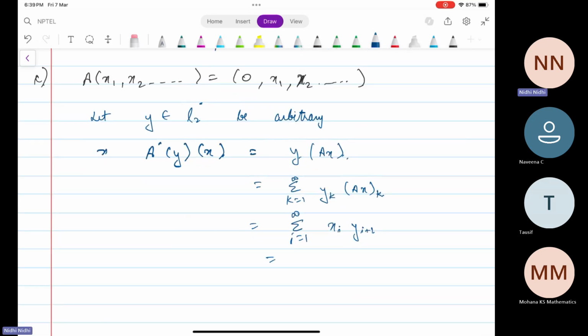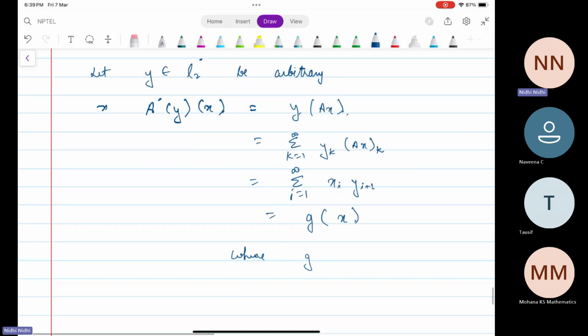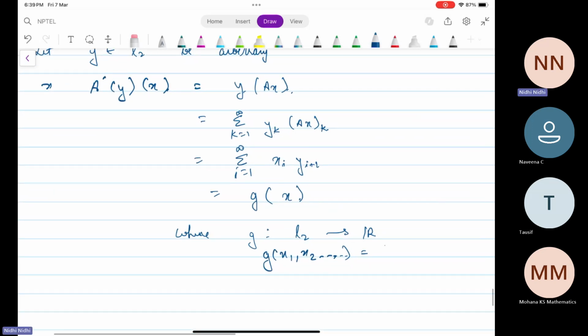So this is g of x, where g is defined from L2 to R. G of x is just a left shift, because now we don't need the first term of this y.